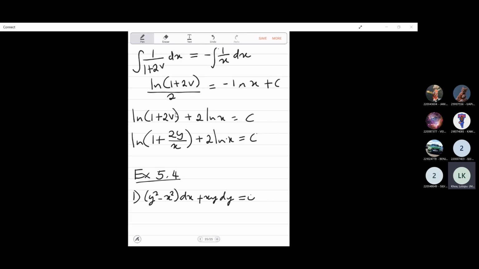This is equal to 0. So again, first we rewrite this as dy dx. So we have dy dx. This is equal to x squared minus y squared over xy.